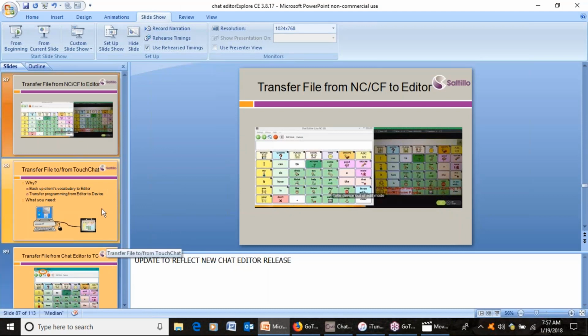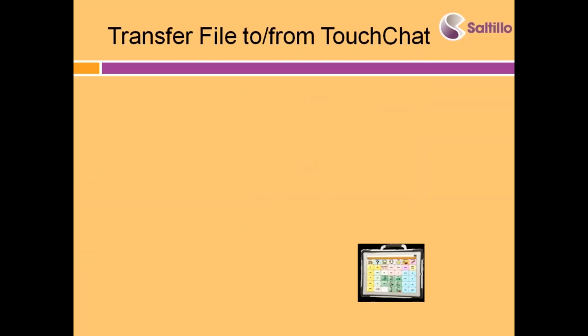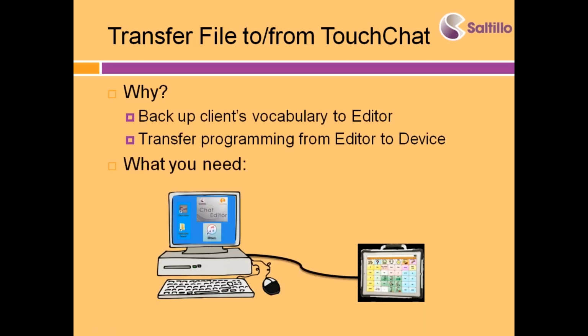Okay, now transferring the files to and from the Touch Chat, and it's the same reason why you want to do this. And what you need to have on there is iTunes on your computer, which if you're using the Touch Chat app, I'm sure you already have that. So what you do is that you connect your iPad to the computer.